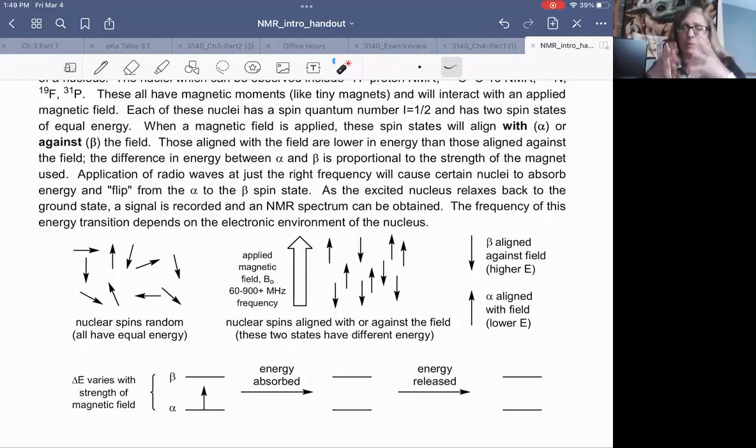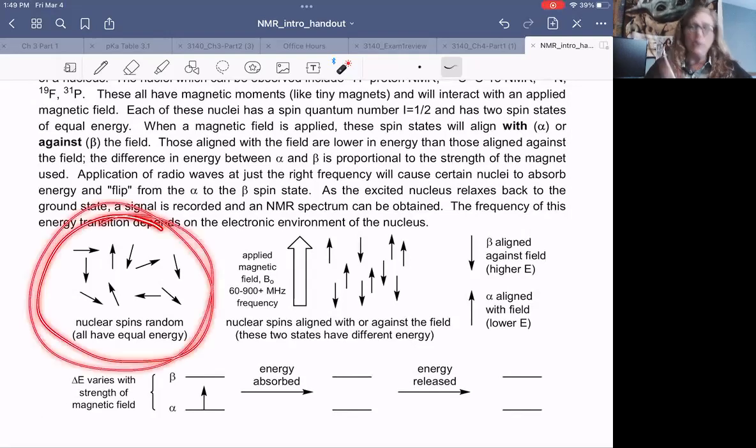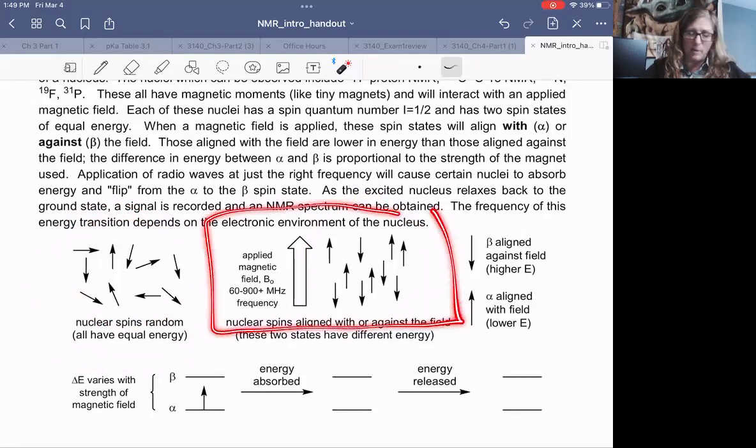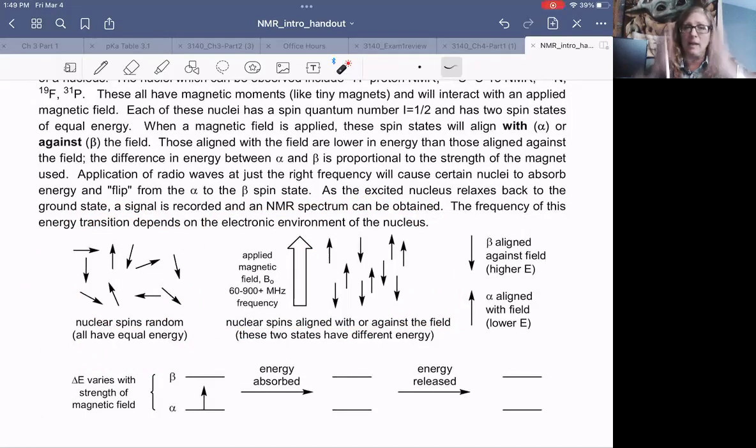So what is the magnet doing? When we put a sample in a magnet, the nuclei of certain atoms are going to align with the external field that is being applied by the magnet. Nuclei can have a spin, just like an electron can have a spin. We describe them as alpha and beta, and they're all just kind of random, but when we apply an external magnetic field, they all end up aligning in that direction.